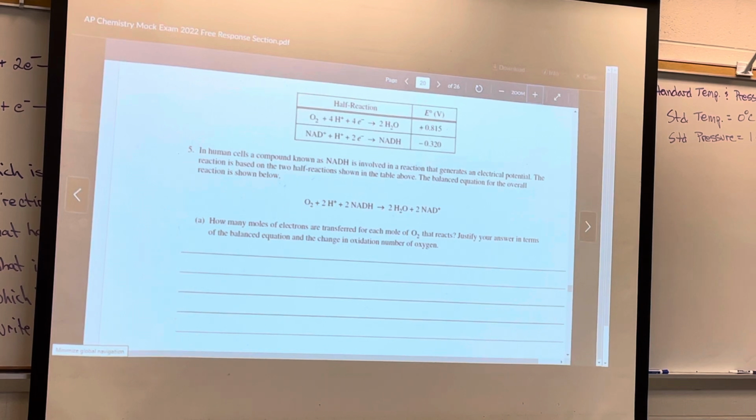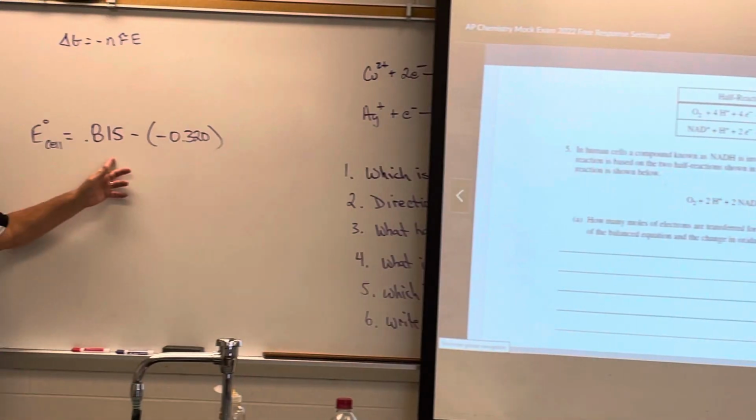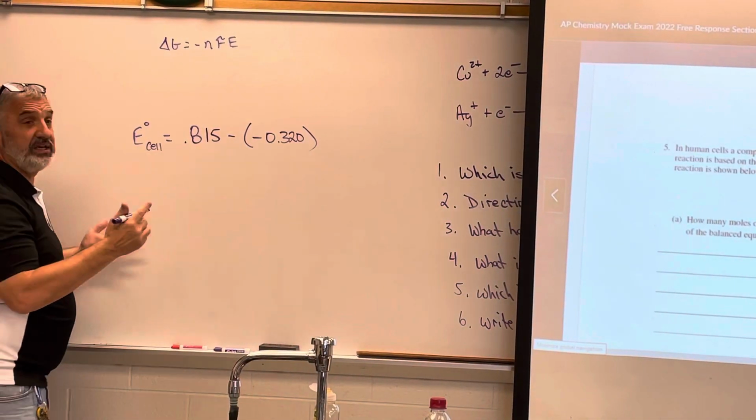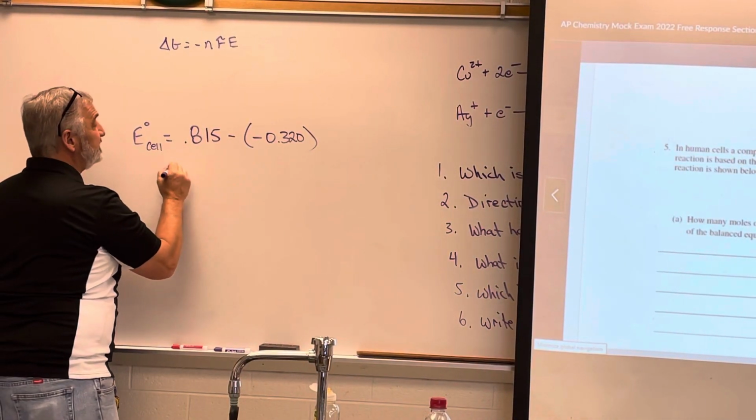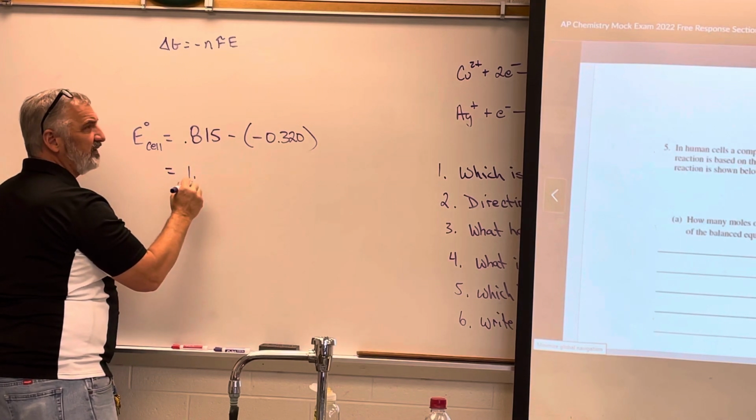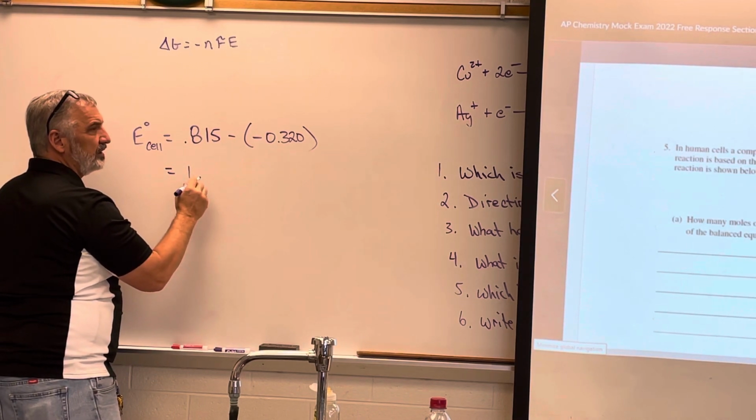So how many decimal places does each one have? 3, right? Therefore, we want to keep the 3 decimals. Remember, adding and subtracting for sig figs, we keep decimal places. So that turns out to equal 1.135? Yes.